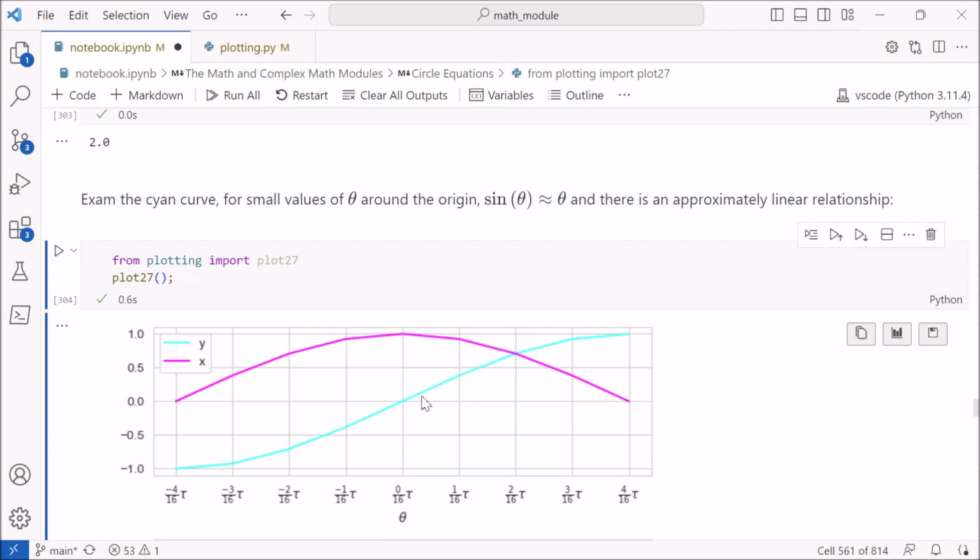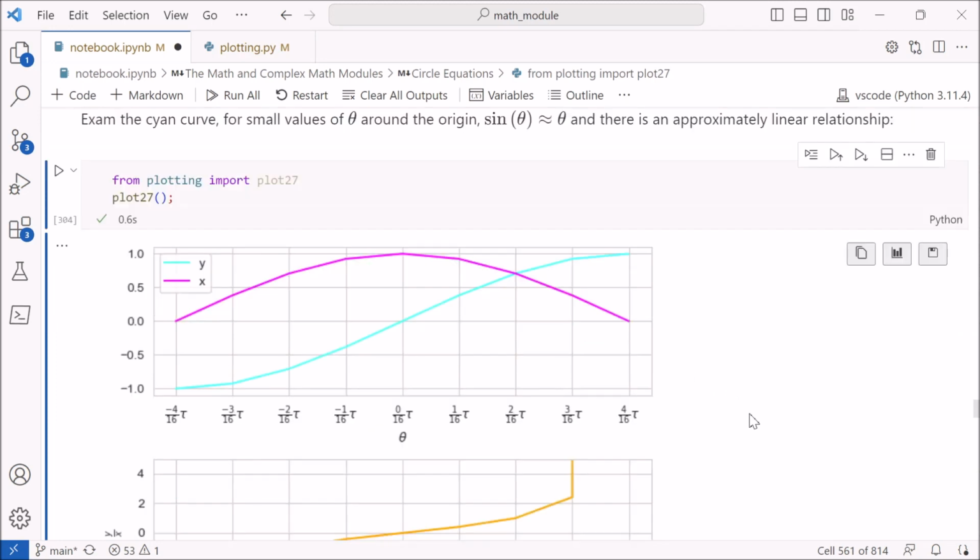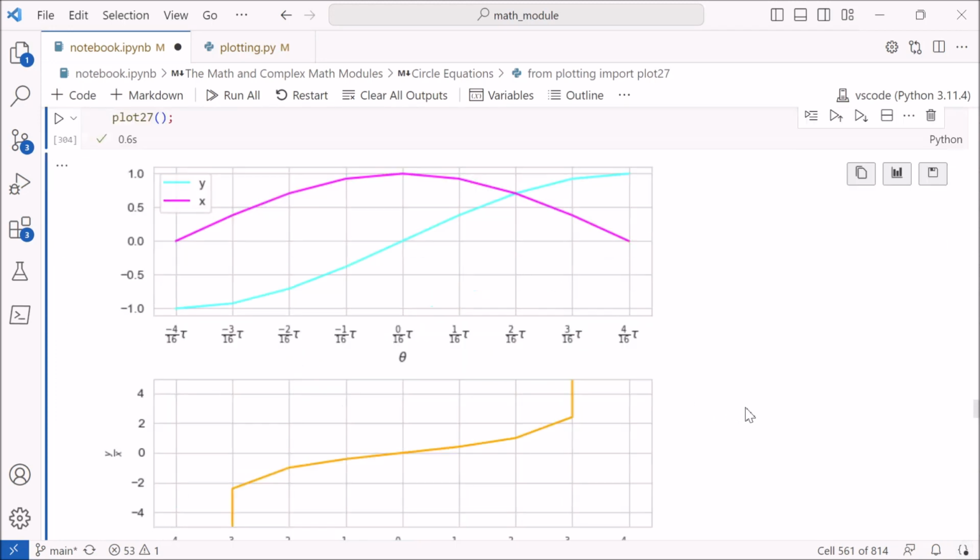We get more and more deviations as we go away from 0, and this becomes nonlinear here and here. This has some importance because the error function essentially looks a bit like that.